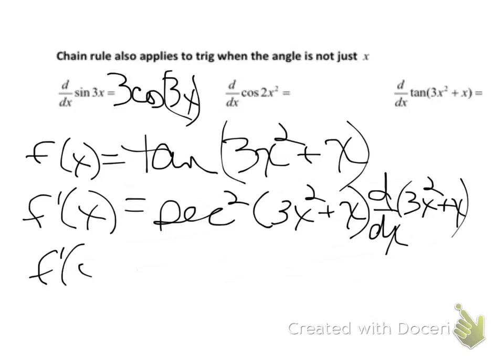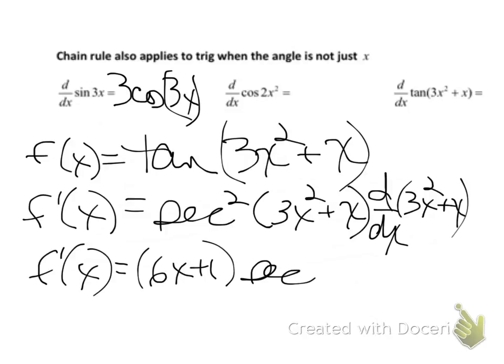So my final answer will be 6x plus 1 secant squared, and then 3x squared plus x. There you have it. So now you can see how you can use the chain rule. Now, fun times, you can use the chain rule twice with trig, and we'll talk about that in the next problem.